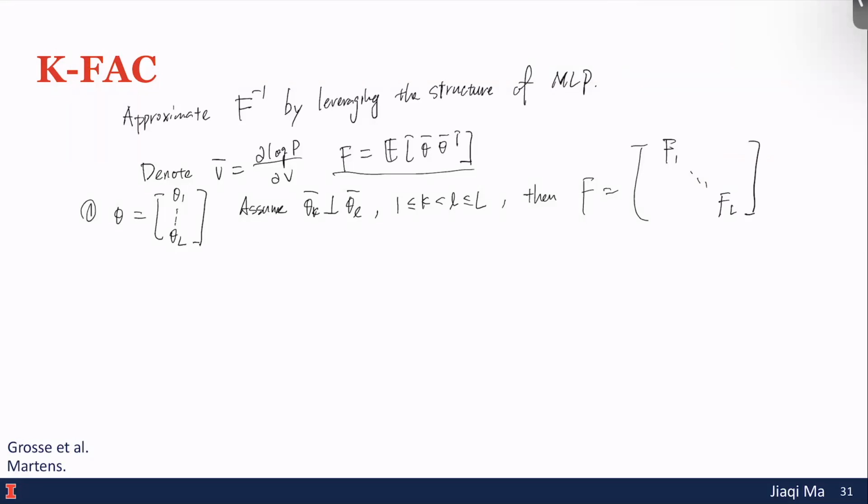That's the first assumption made by this K-FAC. The second assumption is a little bit more complicated. So we're going to look into the detailed structure of the MLP. Let's first say theta L is the vectorized version of WL, where WL is a matrix.